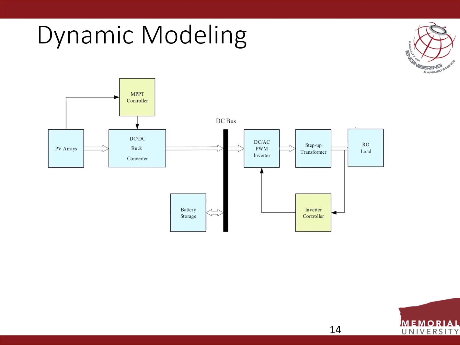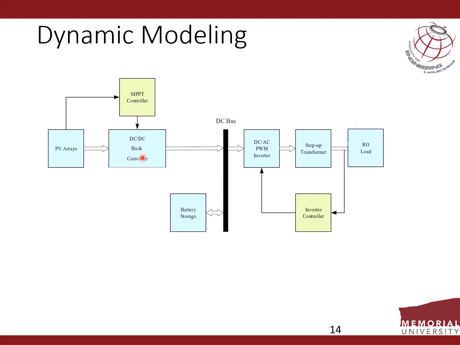Now we're going to do the dynamic modeling of the system. Before that, I just want to show you the block diagram of the system to be able to explain it in a more practical way. As you can see, the PV array is connected to the DC bus converter.